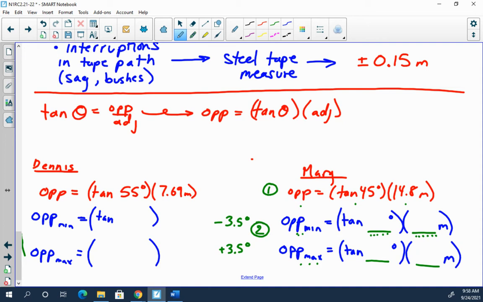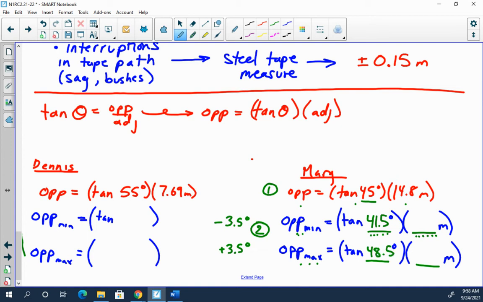Okay, so now what does that mean? Originally, Margaret's group said the angle was 45 degrees, but based on our quantification of sources of error, it could have actually been as low as 45 minus 3.5. It could have been as low as 41.5 degrees. It also could have been as high as 45 plus 3.5, 48.5 degrees.